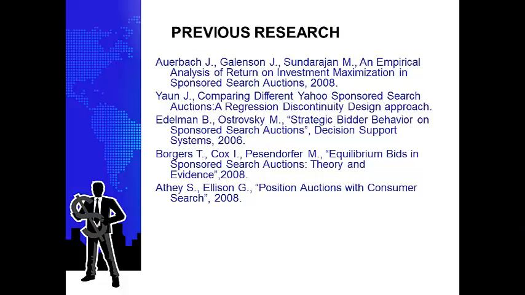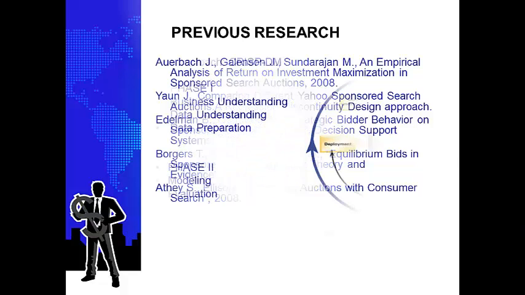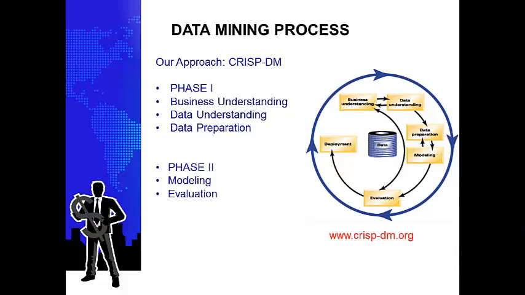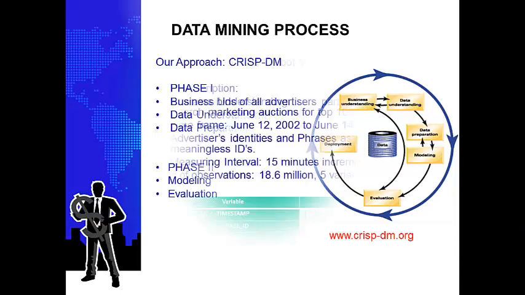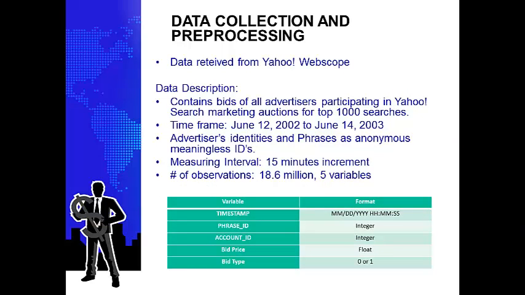Here is some previous research done. Now we applied the data mining approach: business understanding, data understanding, preparation, modeling, and evaluation. So how did we collect the data and pre-process it? We got the data from the Yahoo Webscope, and the data consisted of 18.6 million rows with 5 variables.